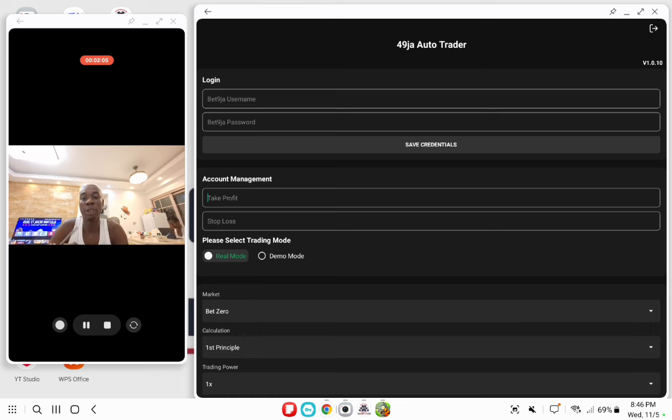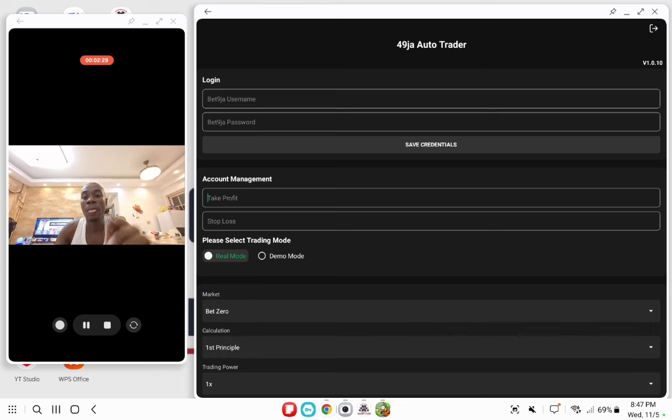According to the calculation, the total trading power required of you is maybe 100,000 naira for you to trade in that particular market.